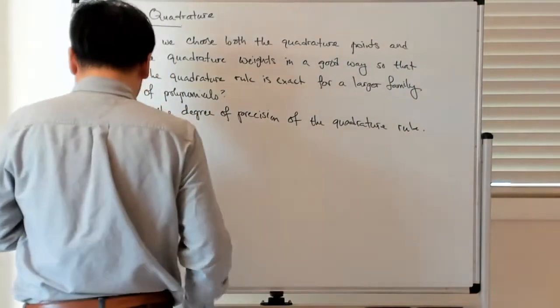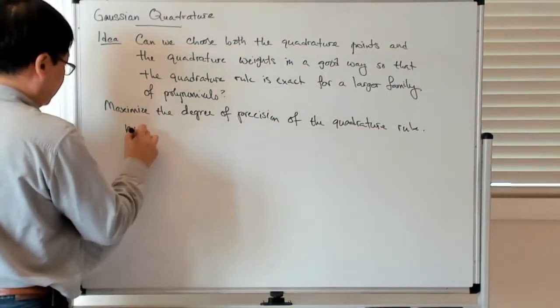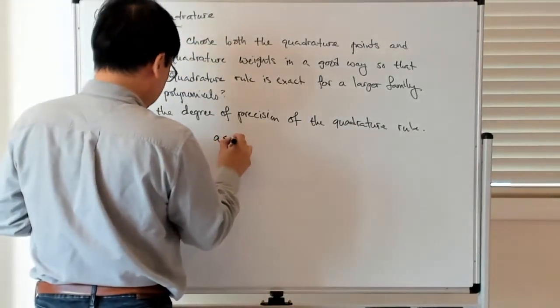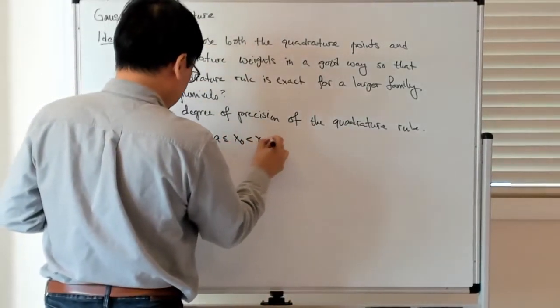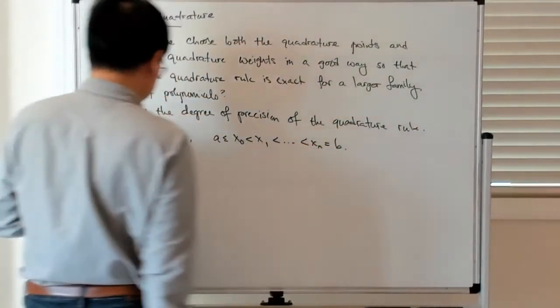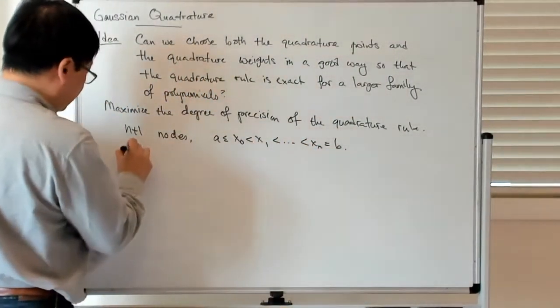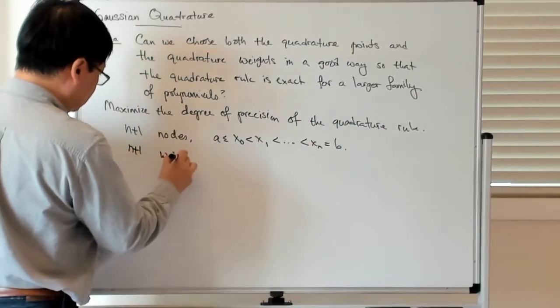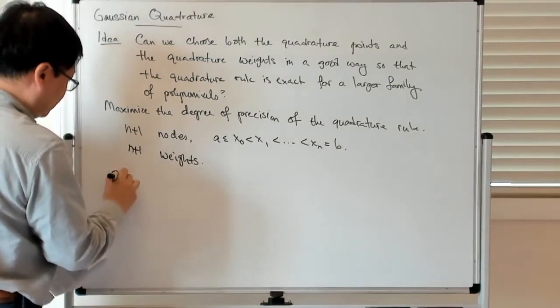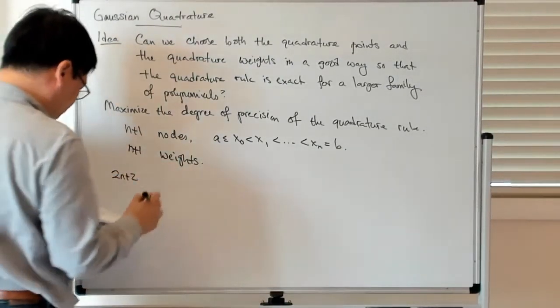Okay, so there are n plus 1 nodes, which go from x0 to xn, and there are n plus 1 weights. So you have 2n plus 2 parameters.